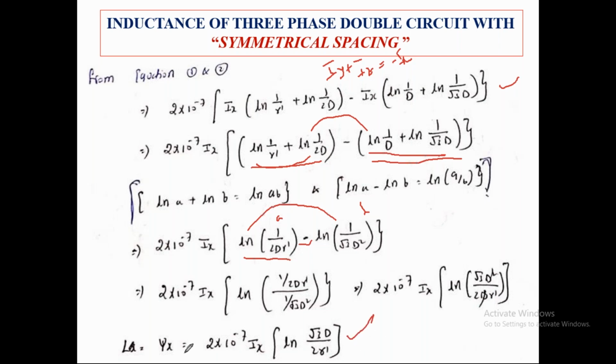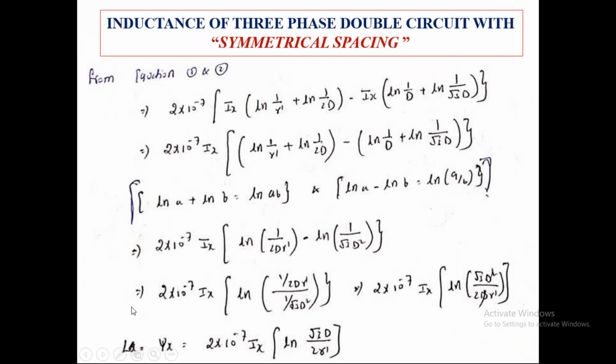This is the flux linkage of conductor X. Finally you will get Lx equals psi x divided by Ix equals 2 into 10 power minus 7 ln root 3D divided by 2 r dash. Similarly you can obtain Ly and Lz.